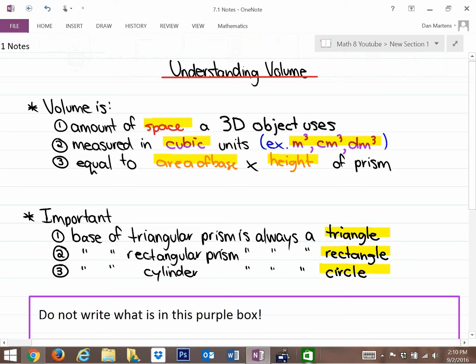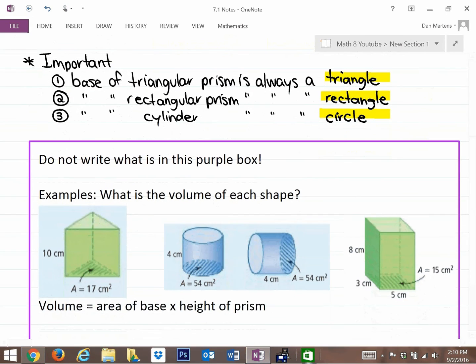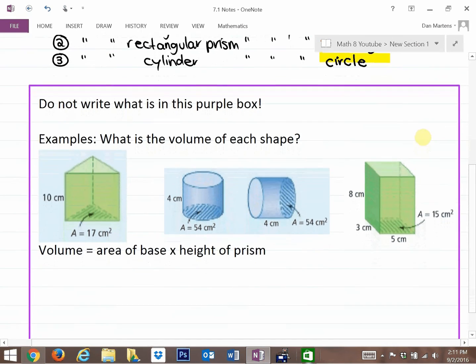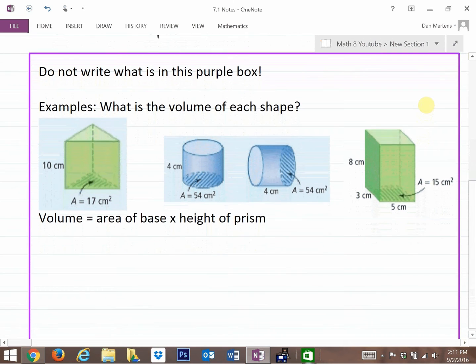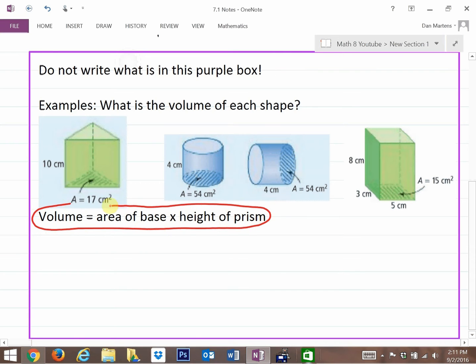So that's it for these notes, but I would like you to actually just watch a few examples having to do with volume. So we're going to calculate a few things here. These examples say, do not write what's in the purple box, but what's the volume of each shape. So this first shape here, and I'll circle this in red, remember that volume is always the area of the base times the height of the prism.